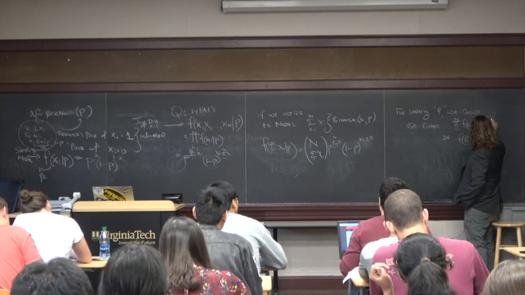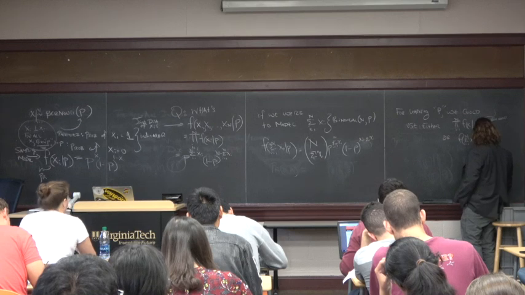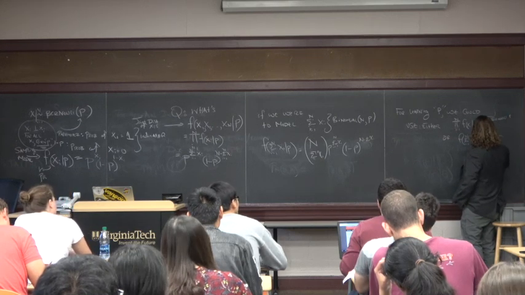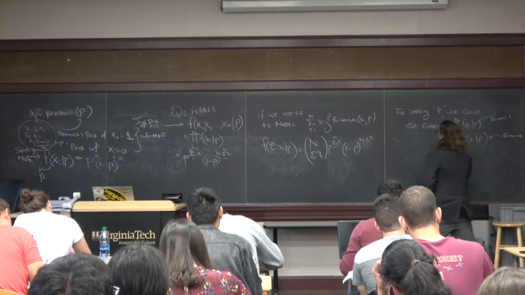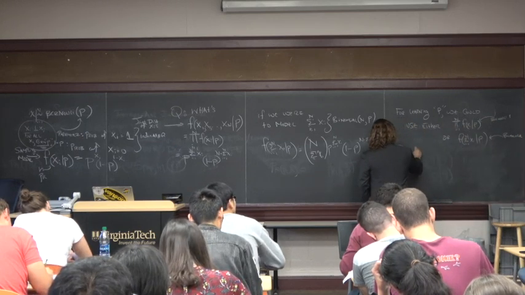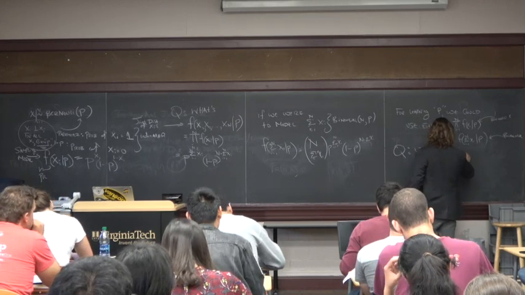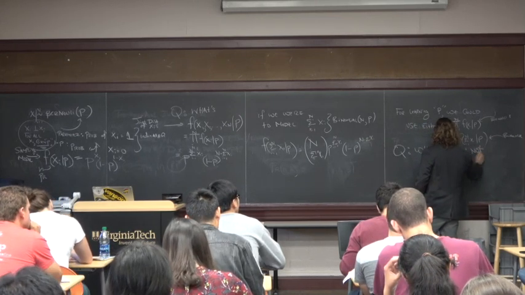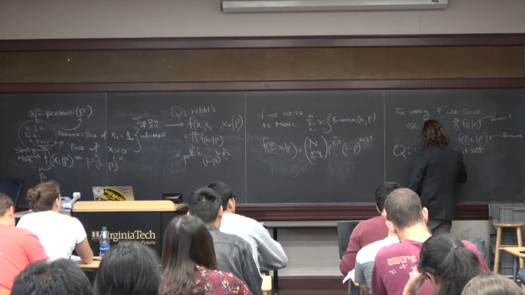So these are Bernoullis, and this one is binomial. Why does it not matter which we use?